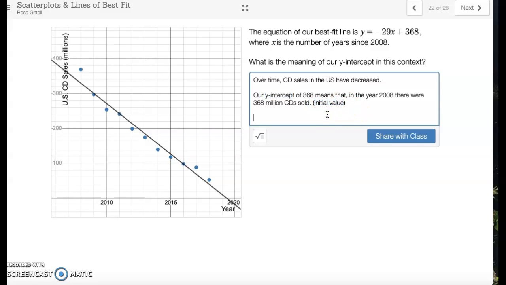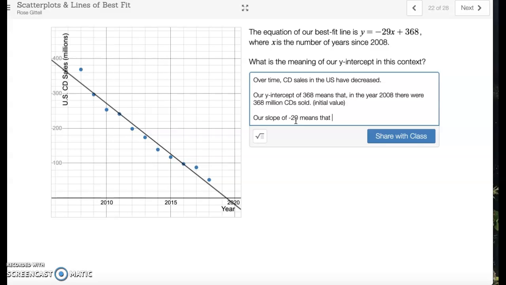Okay, next up, let's do the slope. So our slope we can see in the equation, the slope is -29. Slope is the number, the coefficient in front of the variable. So our slope of -29 means that, and the slope is always going to represent some change over time.